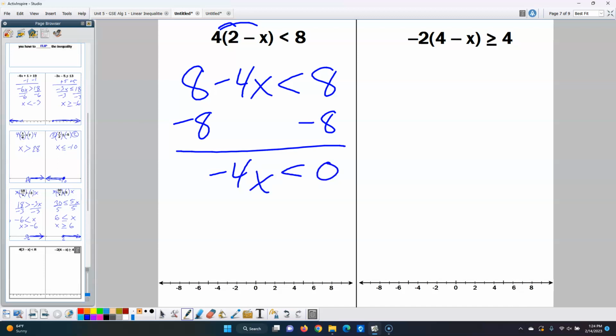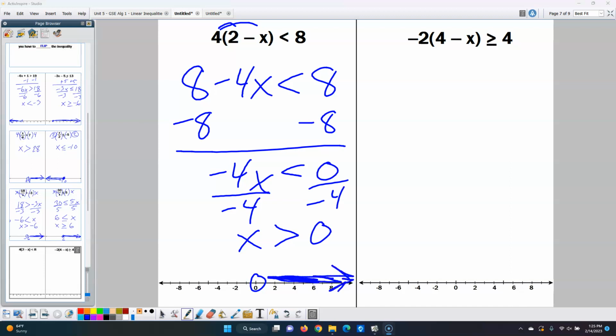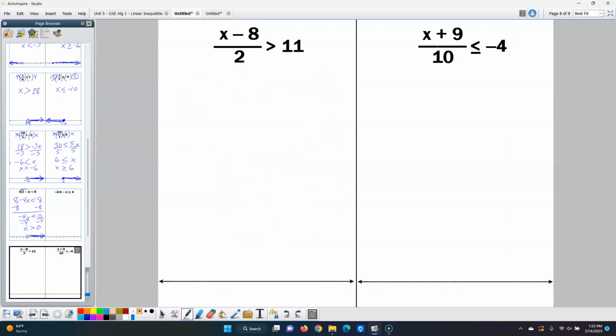What are we going to do? Divide by negative 4. What happens when you divide by a negative sign? Got to flip the sign. 0 divided by anything is going to be 0. So I got an open dot at 0. And going to shade that direction. And you're going to do the same thing on the other side.